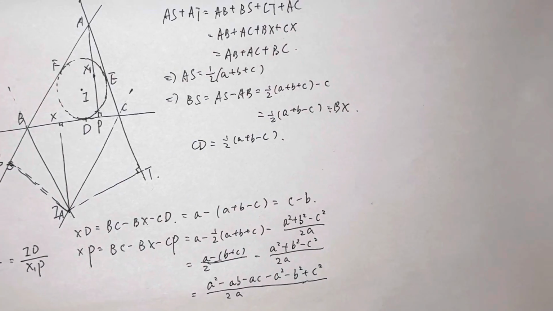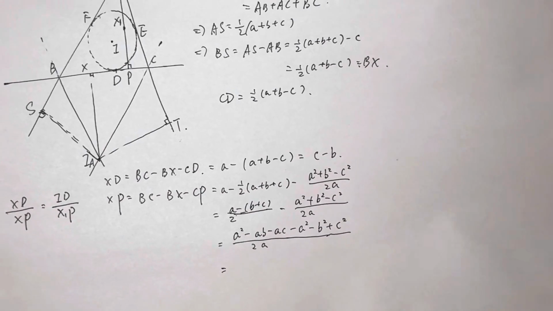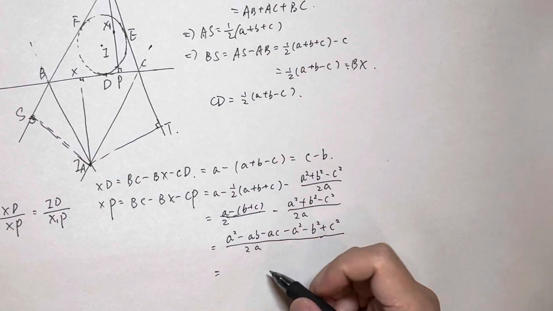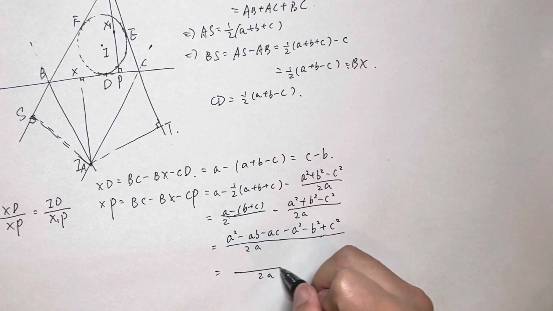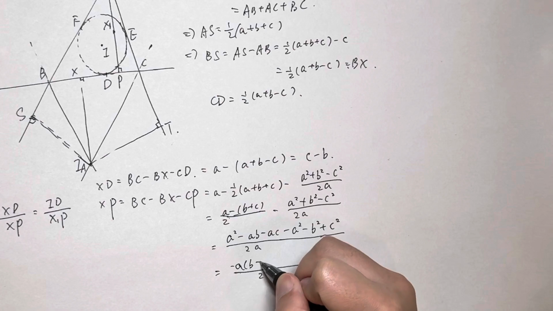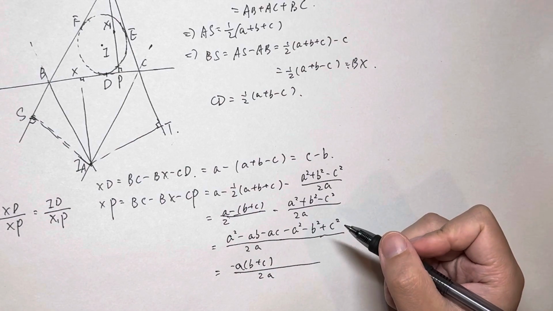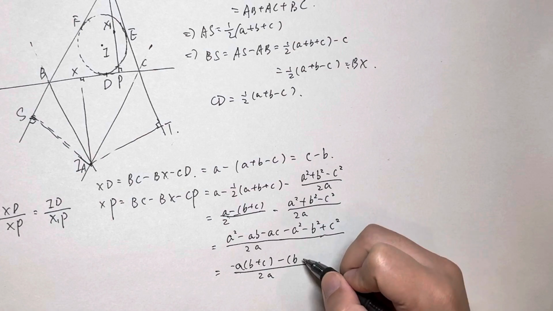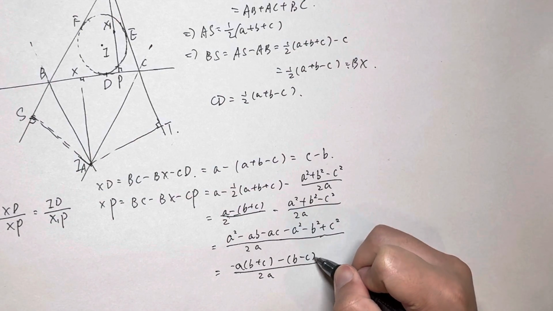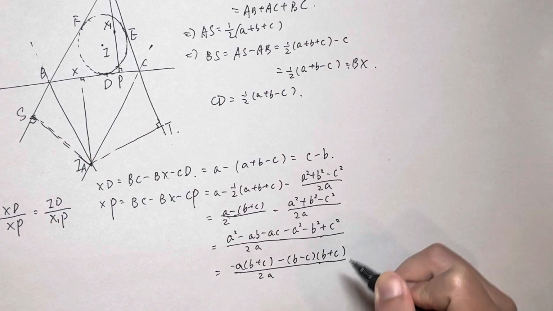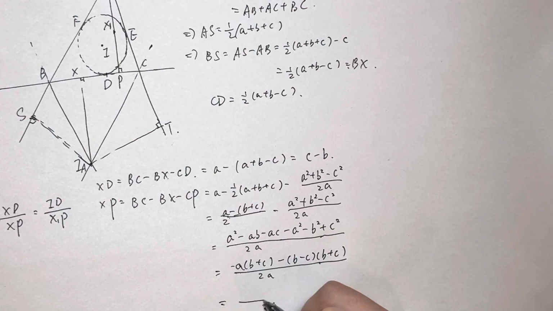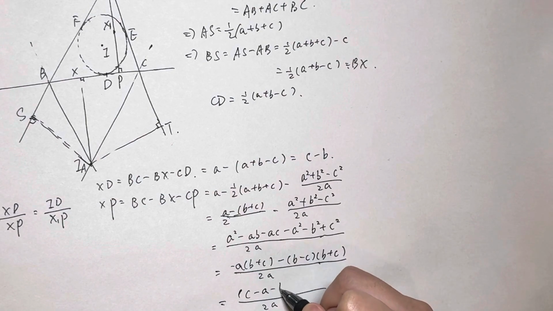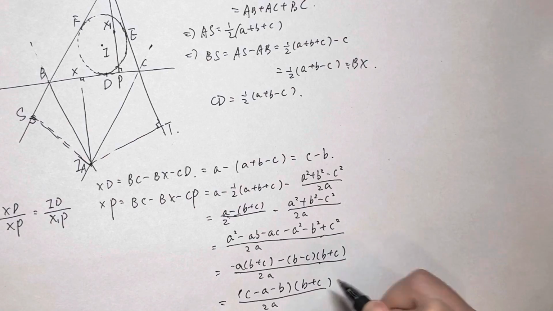So it equals minus b minus c, b plus c. So let's write it this way, c minus a minus b times b plus c.